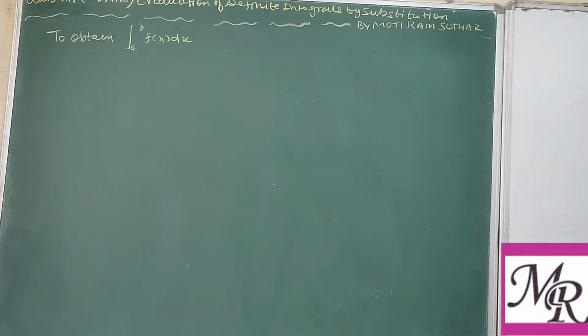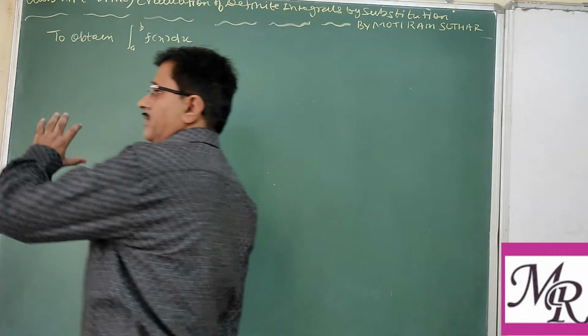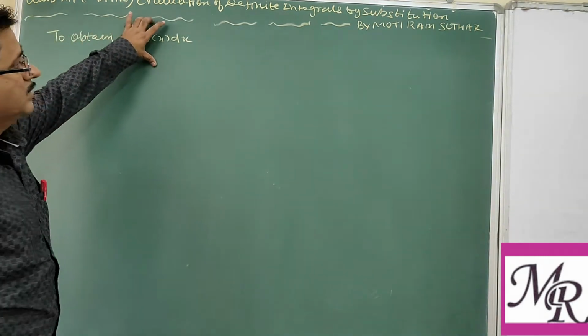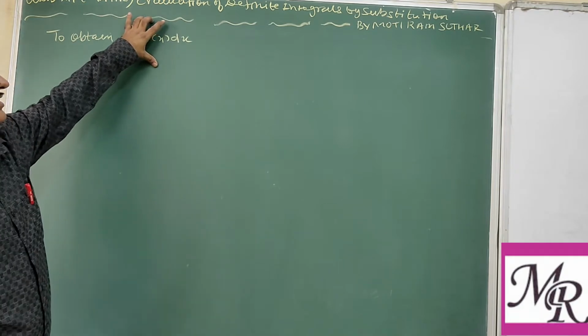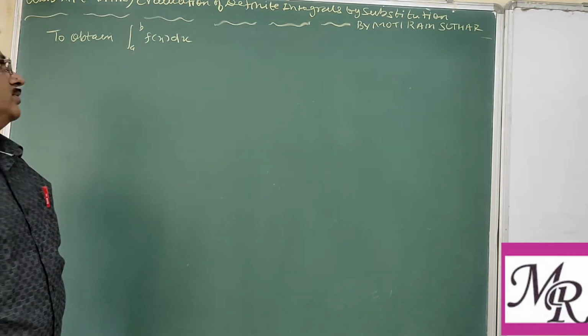So here this is the definite integral. Now, with the help of the substitution method, what steps are there to find this?